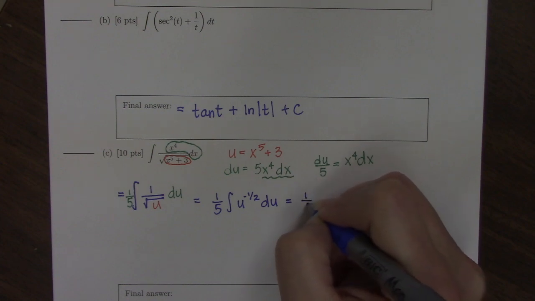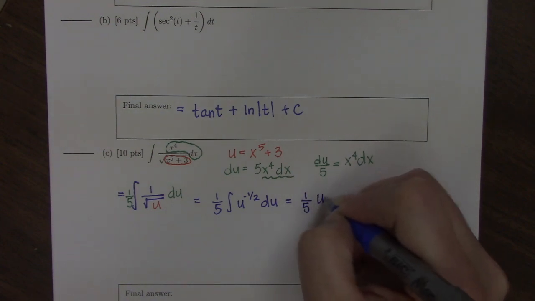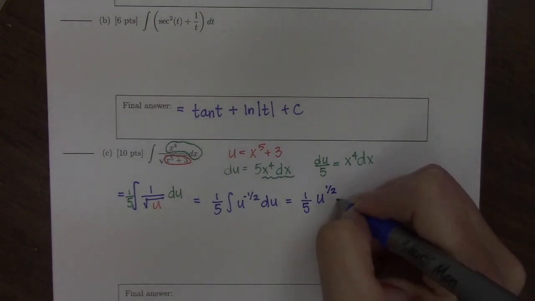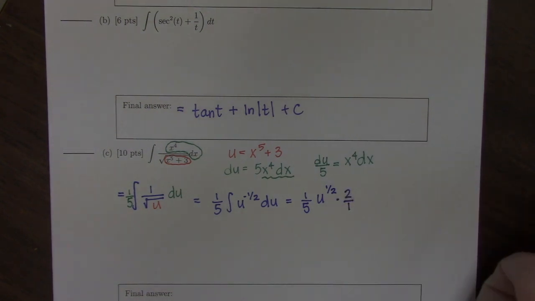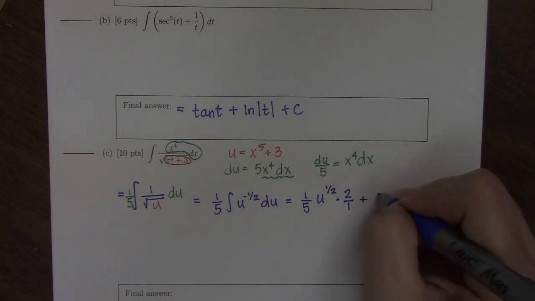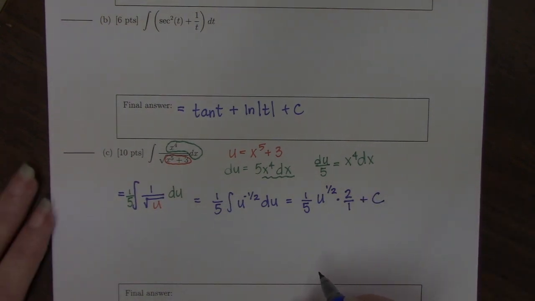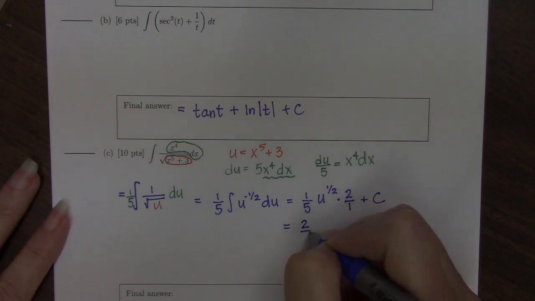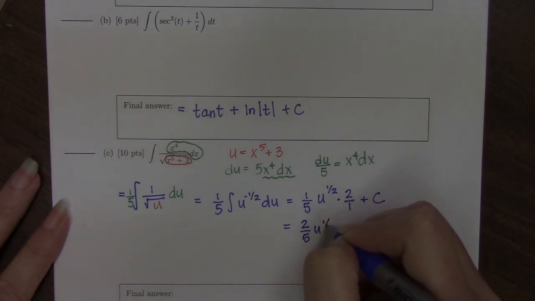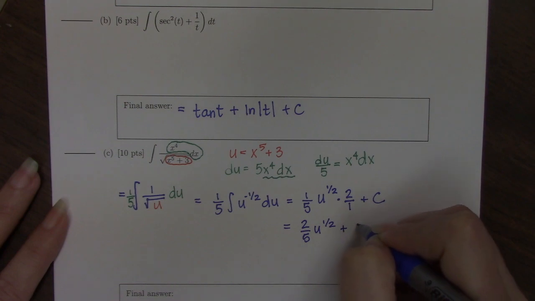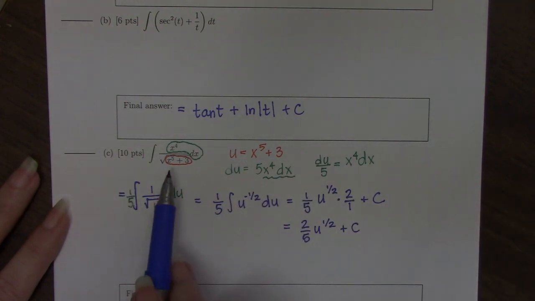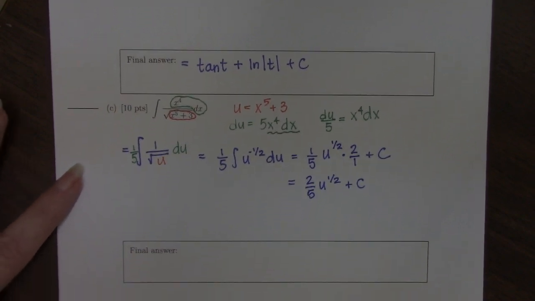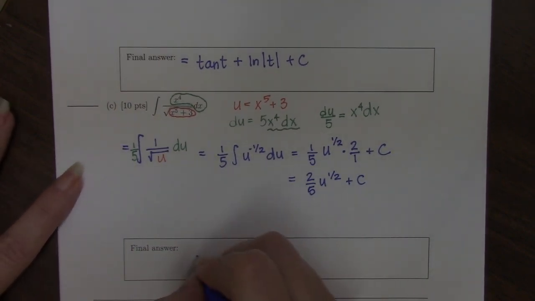So the antiderivative is 1/2 u to the positive 1/2, and when you divide by 1/2, that is the same thing as multiplying times its reciprocal. And so my final answer is 2/5 u to the 1/2 plus c. But my original integral was in variable x. So for indefinite integrals, we have to take it back to the original variable.